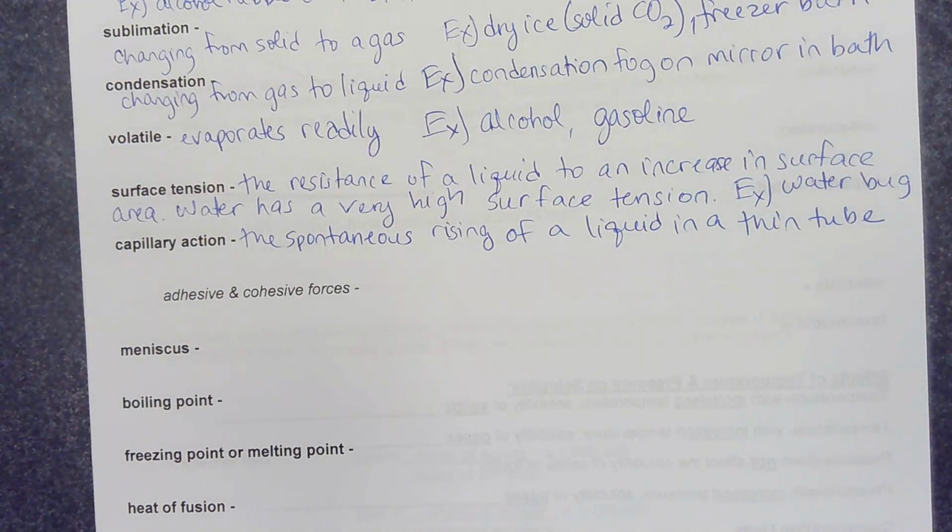What in nature uses capillary action? Plants. What are those two words called? Fancy words. Begin with an X, one of them. Xylem and phloem. Now, who's had a plant science class lately? Which one goes up?